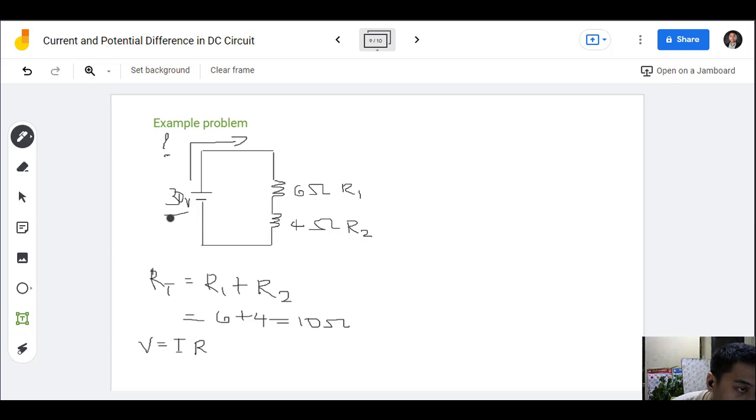As we can see, the voltage here is 30 volts, which is equivalent to the unknown current times the resistance.